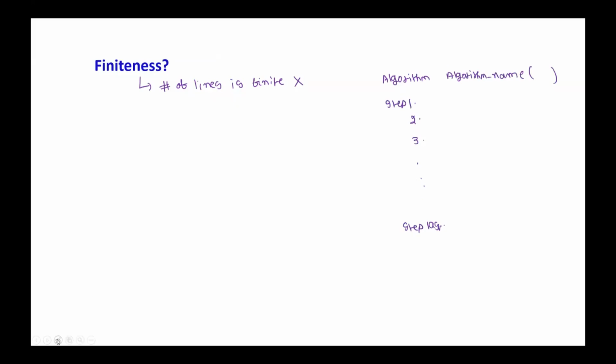Now, in each step of the algorithm, whatever line we write here, what is it that we perform?